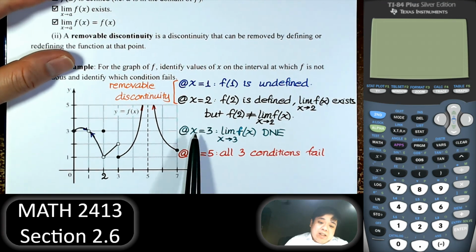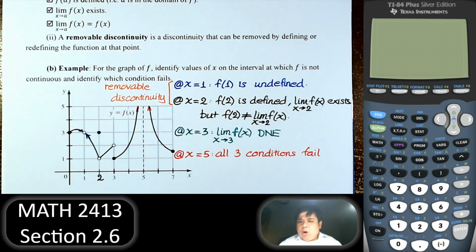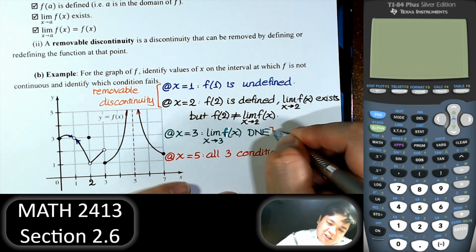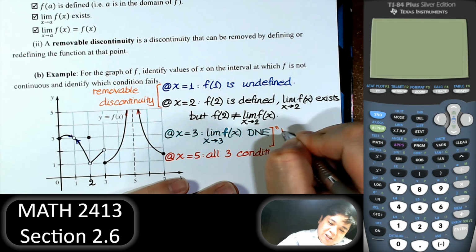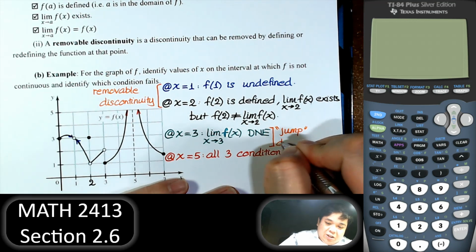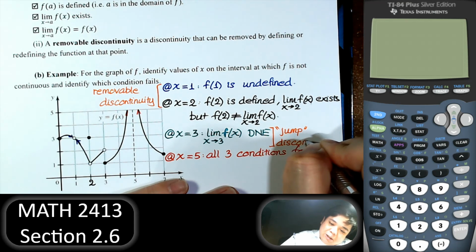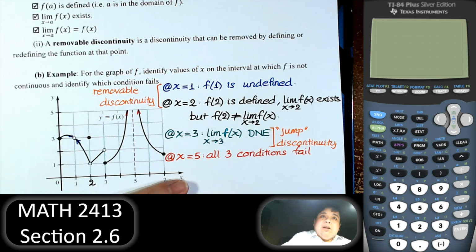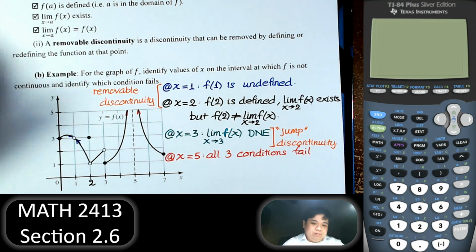So that's why in this case, when x equal to 3, this is what we call a jump discontinuity. So we have to jump from one value to another. So there's a gap, if you will.